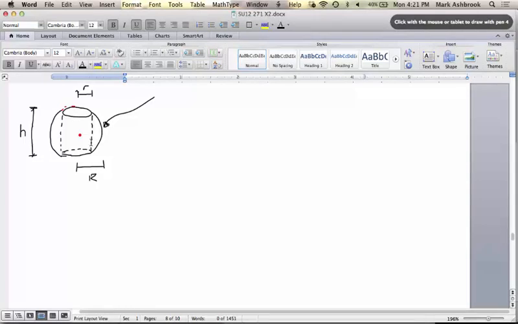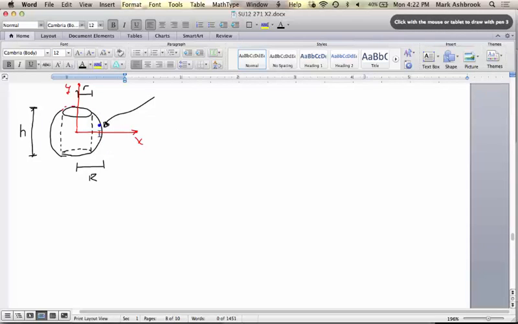To make it easier on ourselves, we want to put the center of the sphere, or the center of the circle, on the origin. And then we're just going to rotate this circle around the y-axis.